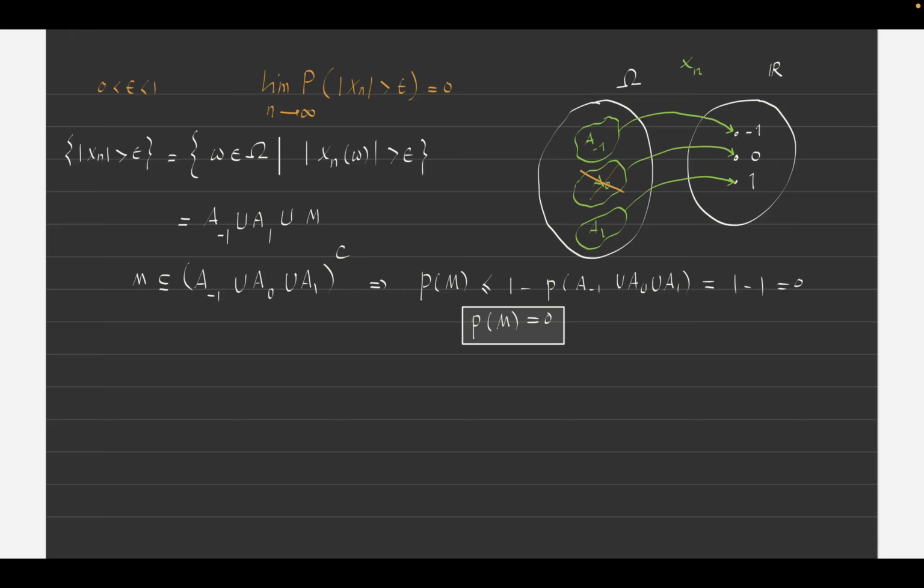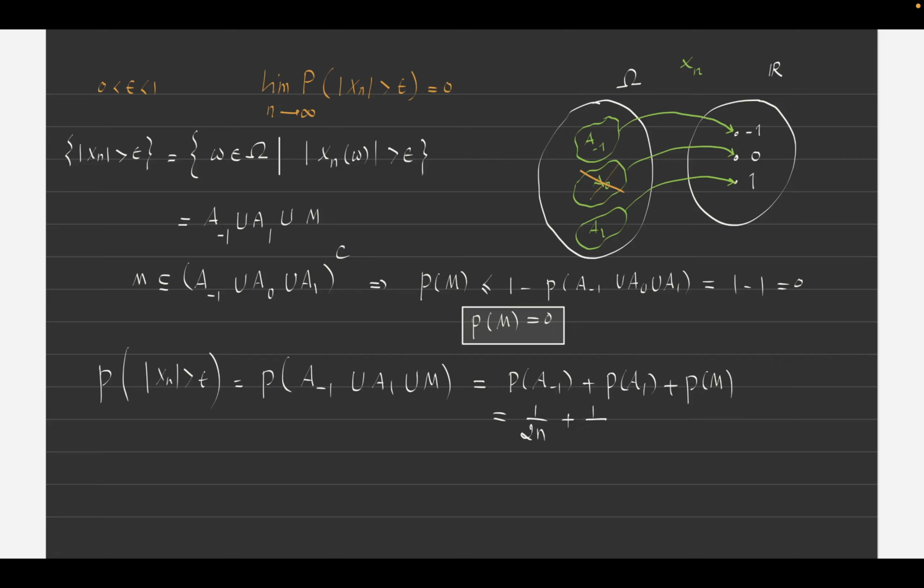Okay, now I go here and I calculate the probability of the absolute value of xn greater than epsilon. This becomes equal to the probability of A minus 1 union A1 union M. Yes, but because these events are mutually disjoint, I can write it as the probability of A minus 1 plus the probability of A1 plus the probability of M. The probability of A minus 1 is 1 over 2n according to the problem.